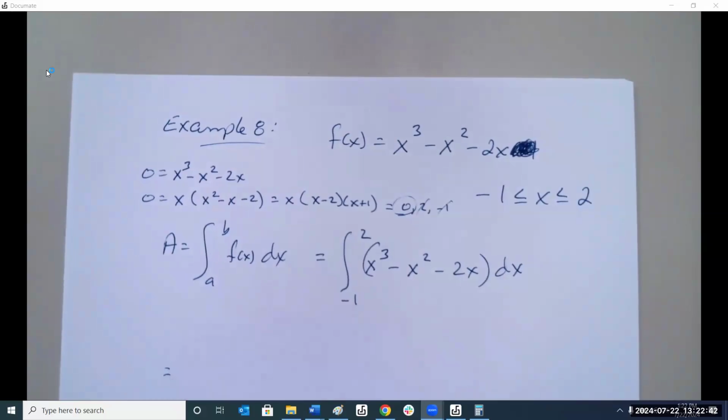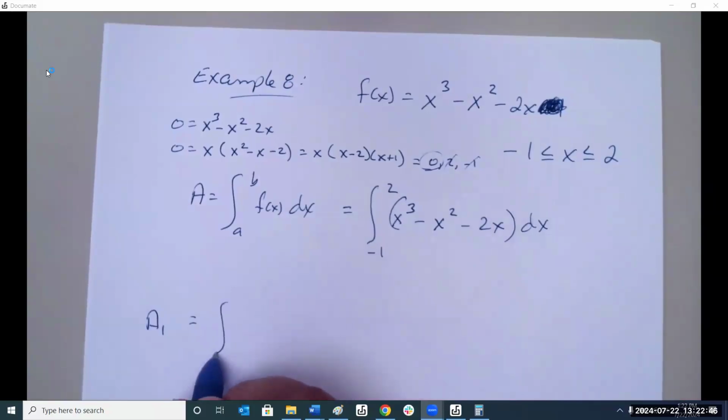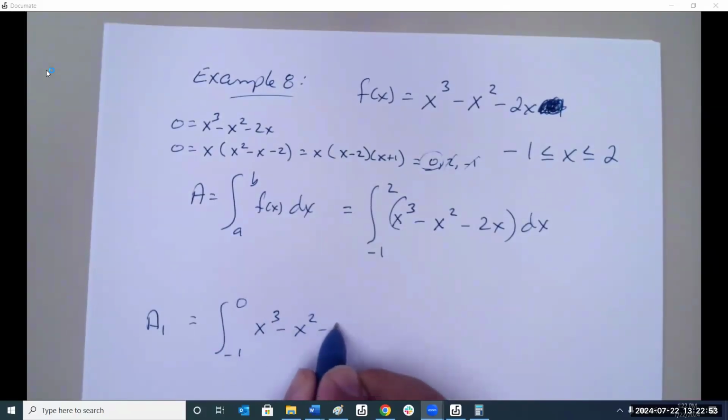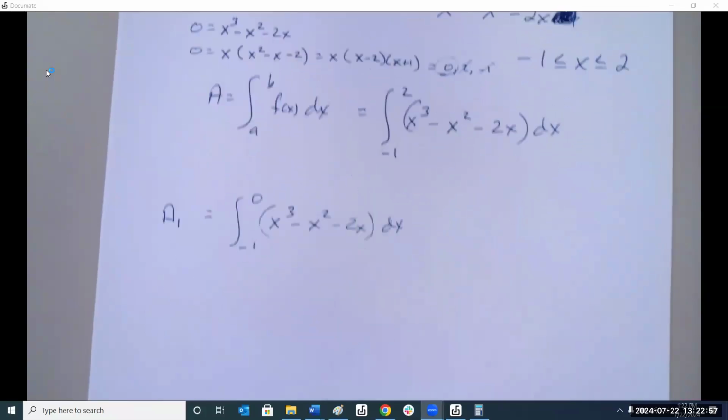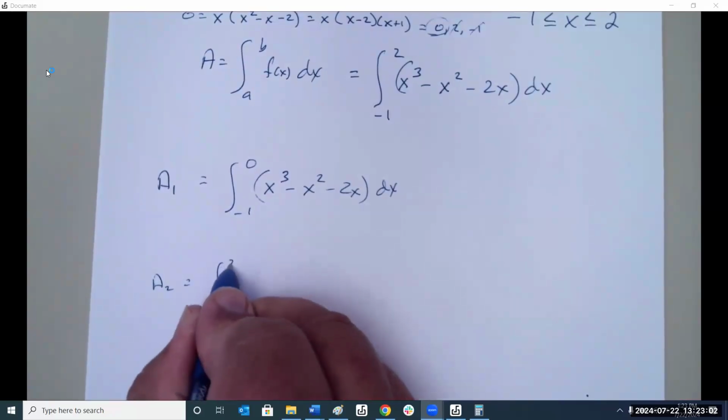So to save us some time, we have two areas. From -1 to 0, and then from 0 to 2.